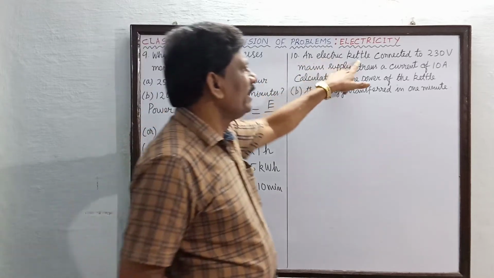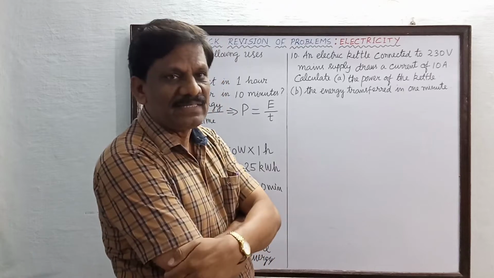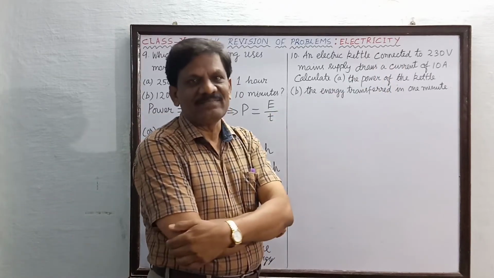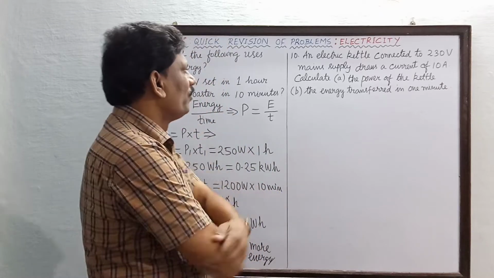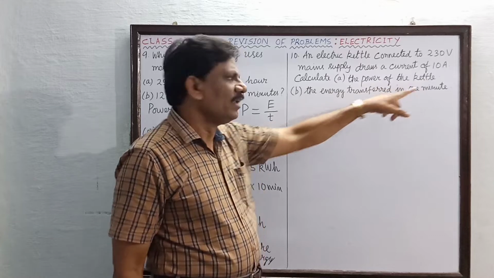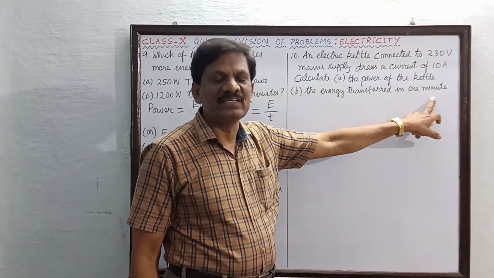An electric kettle connected to a 230 volt mains supply draws a current of 10 ampere. Now we have to calculate, first, the power of the kettle, and second, the energy transferred in 1 minute.